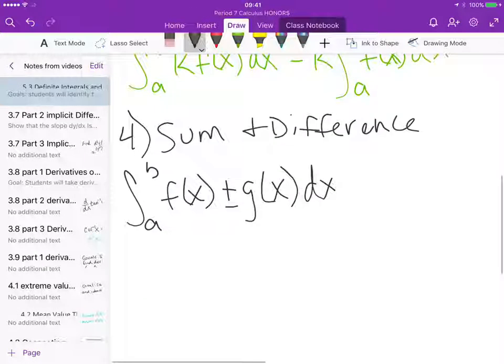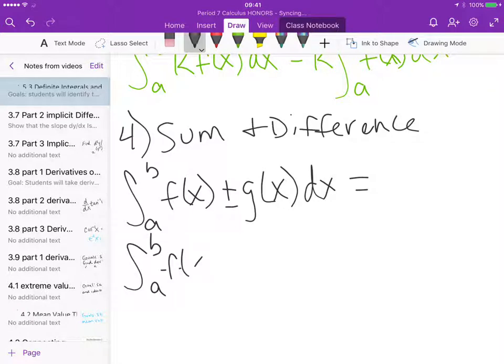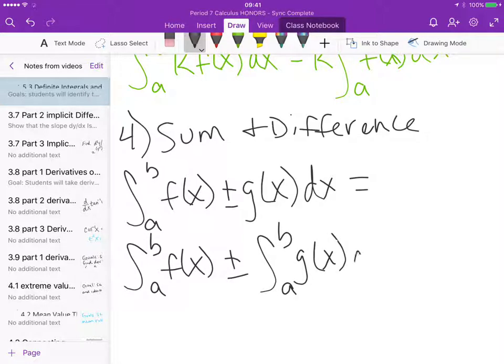We can rewrite this as 2 separate integrals. This would be equal to the integral from a to b of f of x dx plus or minus the integral from a to b of g of x dx. I can't forget this dx here. So we can separate it using our sum and difference rule.